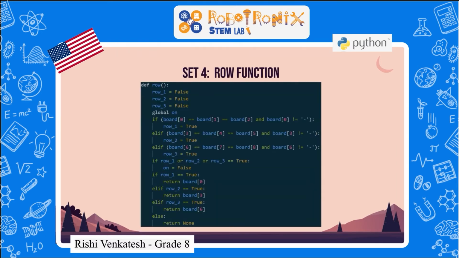And this is the row function. To start off, we start off with 9 hyphens. So all the rows are going to be false because no player has aligned them already. And then after that, we have a bunch of conditions that just check if a player has aligned all of their symbols on a board, and it can't be a hyphen.